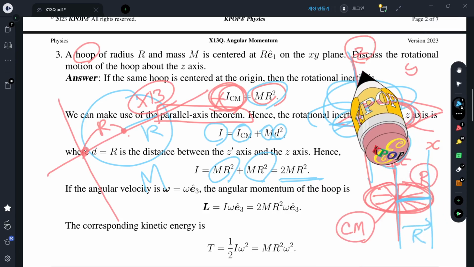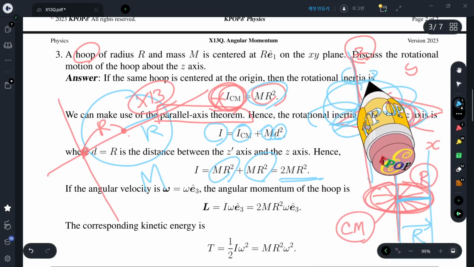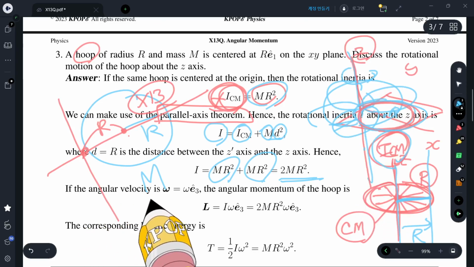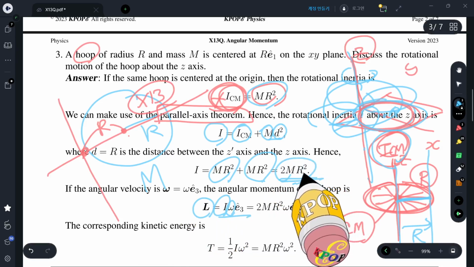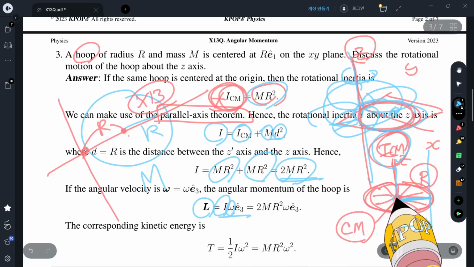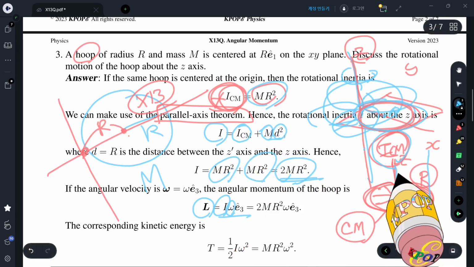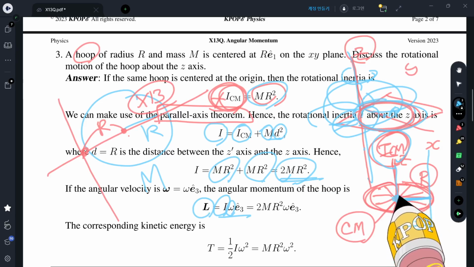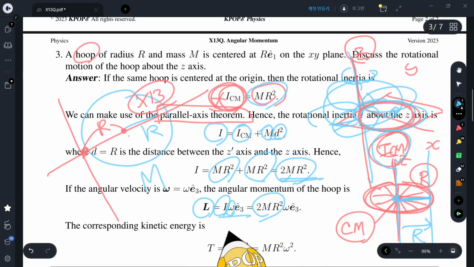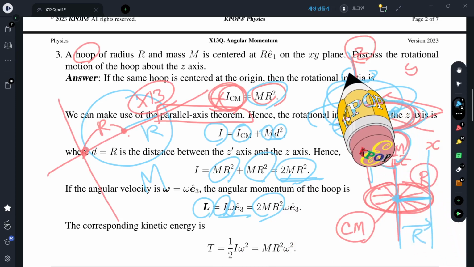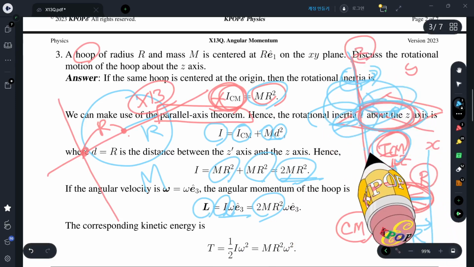If I rotate this hoop about this z-axis, then the angular momentum is I times omega. Because I has increased in comparison with the case when the axis of rotation passes through the center of mass, we have 2 m r squared omega, where omega is the angular velocity about the z-axis, the axis of rotation.